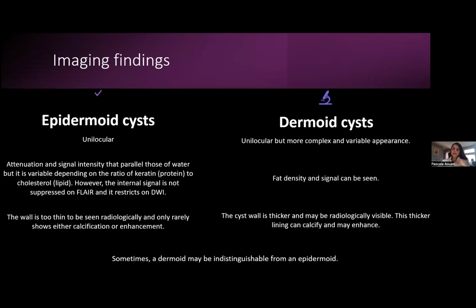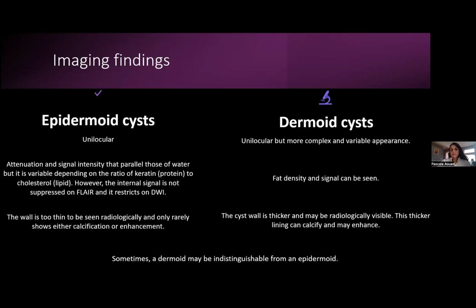As for imaging features, there is a lot of overlap between epidermoid and dermoid cysts. Both are unilocular cysts, but dermoids tend to be more complex and variable in appearance because of their content. Epidermoid cysts tend to have density and signal on CT and MRI, respectively, parallel to that of water. However, this can be a little bit variable, depending on the ratio of keratin and cholesterol.